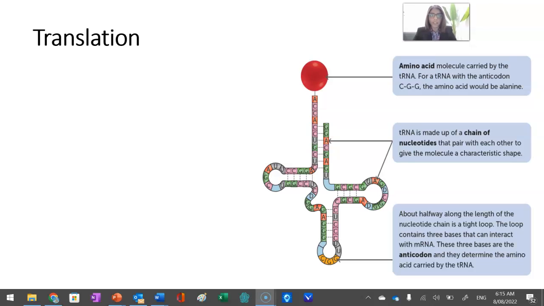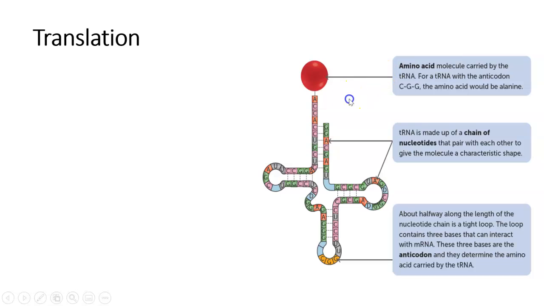So now we're going to be looking a little bit at tRNA molecules. This diagram is from your textbook, and we're just going to take a moment to study it carefully. So we can see at the bottom of the tRNA molecule there is a group of 3 bases, and this is the anticodon sequence.